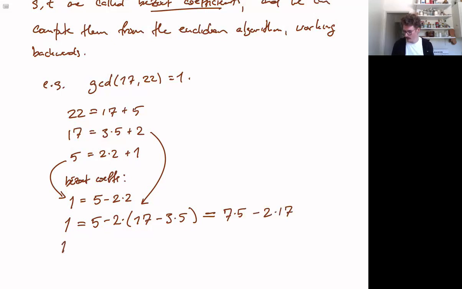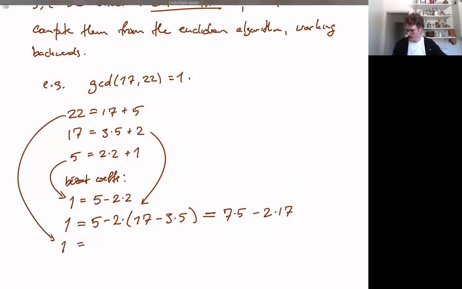Okay. And now I'm going to substitute this equation for the 5. And when I do that, I'll be down to 22s and 17s. So then I will have what I want. So 1, and I'm going to substitute in here.